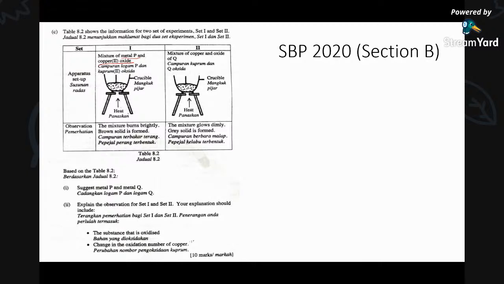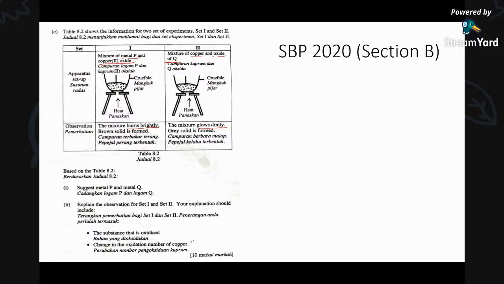Mixture of copper and oxide of Q, and you heat it up. The mixture burns brightly, the mixture glows dimly. So by looking at the observation over here, you already know which one is more reactive and which one is less reactive.